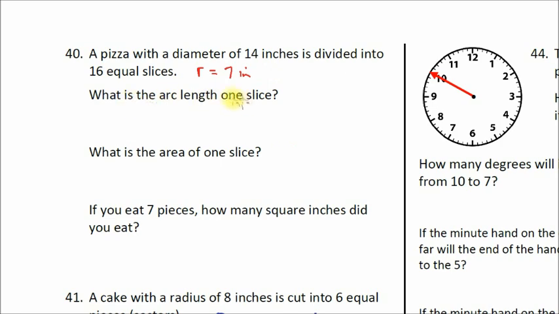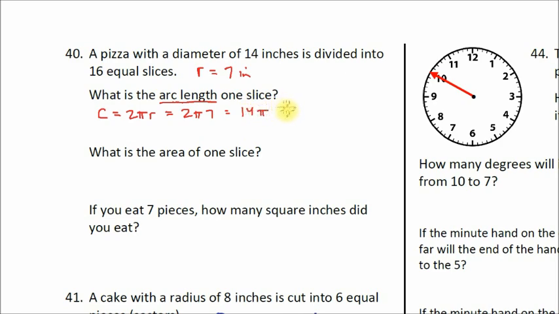What is the arc length of one slice? That's a piece of the circumference. That means I have to find the circumference first before I can find a piece of it. Circumference is 2 pi r, which is 2 pi times 7. 2 times 7 is 14.